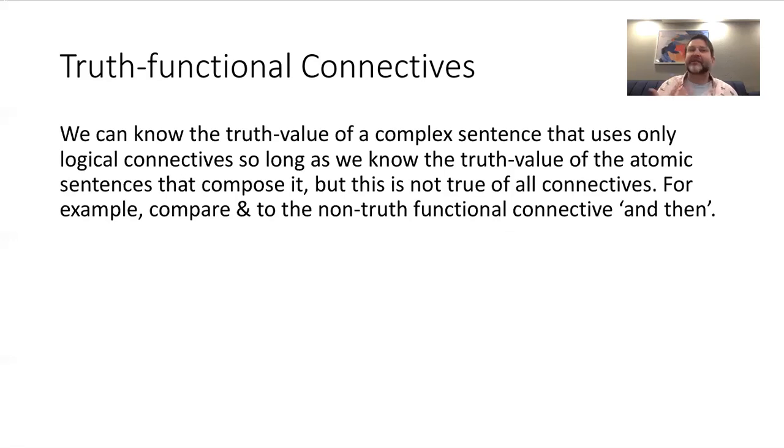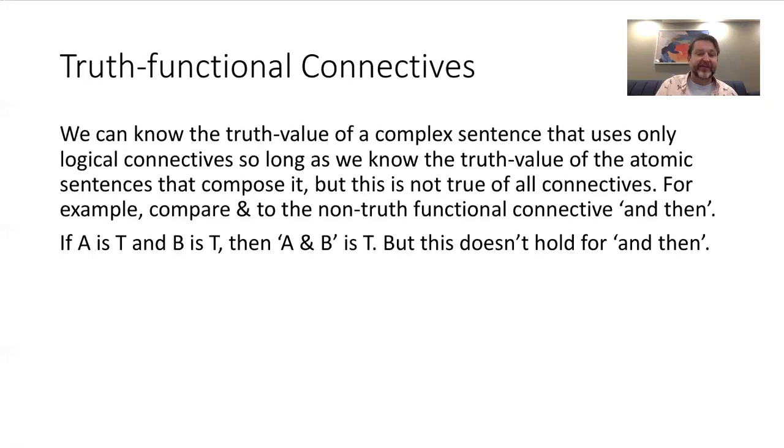But there are other things that function sort of like connectives in natural language that don't have this feature, that are not truth functional. So for example, compare conjunction to the non-truth functional connective "and then." Suppose A is true and B is true. Then A conjunction B is true. But this doesn't hold for the connective "and then."